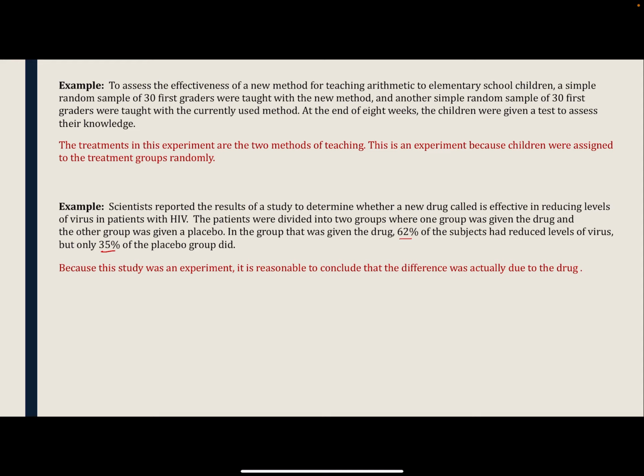If we had like 62% here and 58% here, it might simply be due to the chance of that variability. But because these two percentages are so far off, because there's such a large difference, we would say that they're statistically significantly different. And therefore, the difference is probably due to the drug and not just chance.